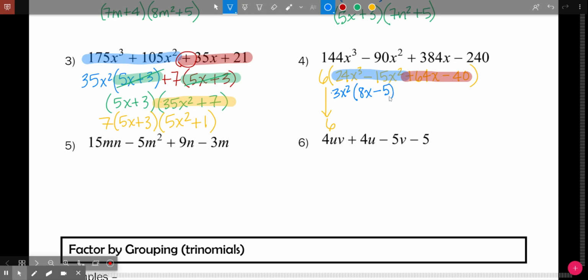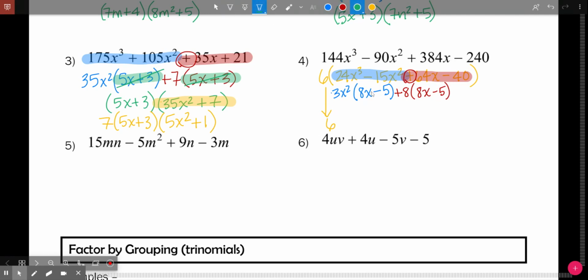And x squared divided by x squared is 1. In the second set, between 64 and 40, I have an 8 in common, and I always use the sign in the middle. So 64 divided by 8 is 8, and there's nothing to divide the x, and negative 40 divided by 8 is negative 5.